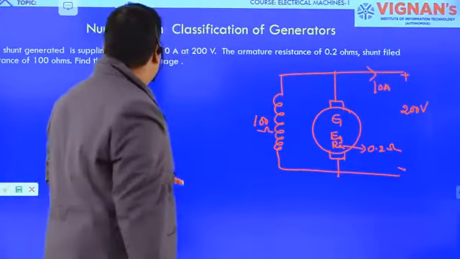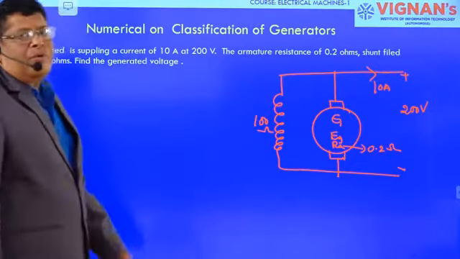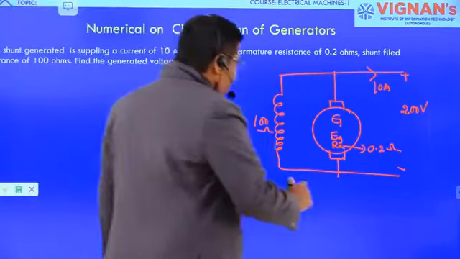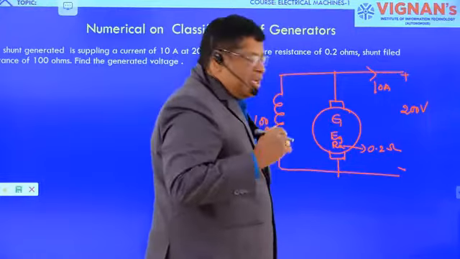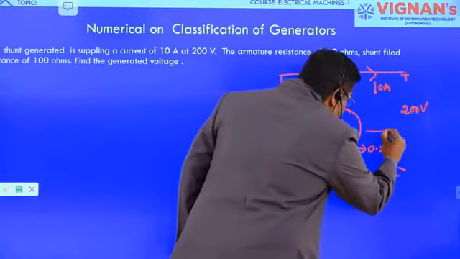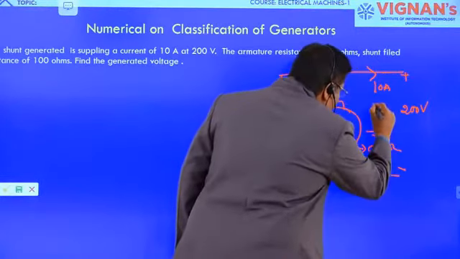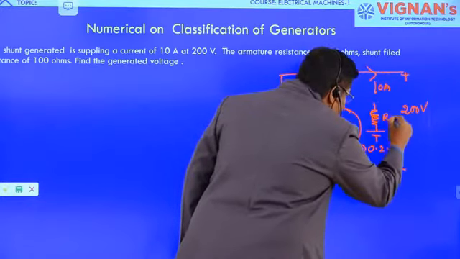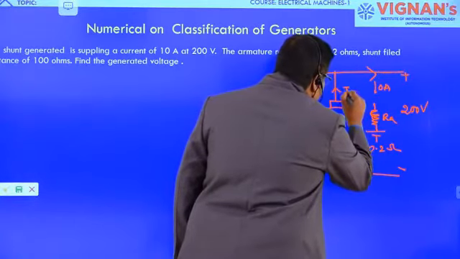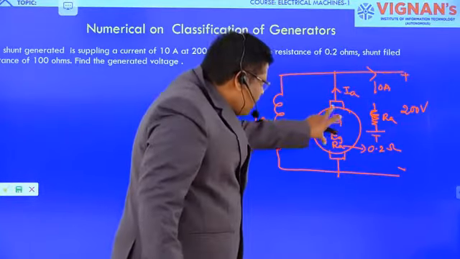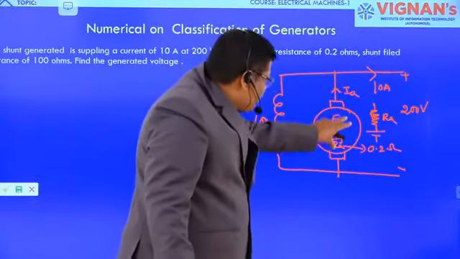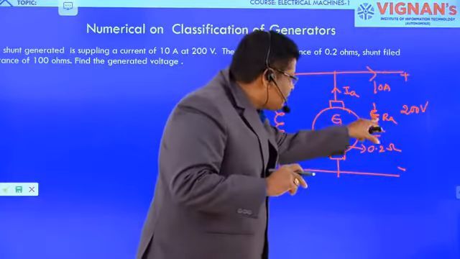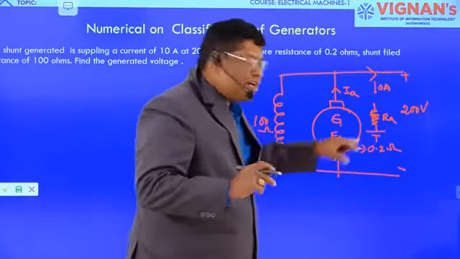Find the generated voltage. See here, EG is there. EG has a polarity: this is plus, this is minus. This is the armature resistance RA, which is supplying a current of IA. In the circuit diagram we are simply representing the armature with a circle, but the winding inside has a resistance and generated voltage EG.